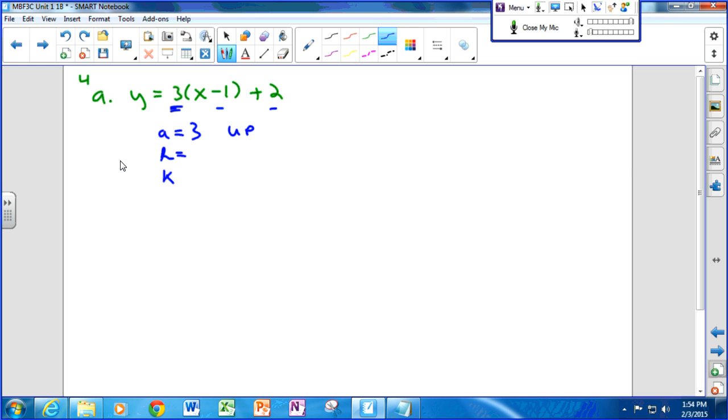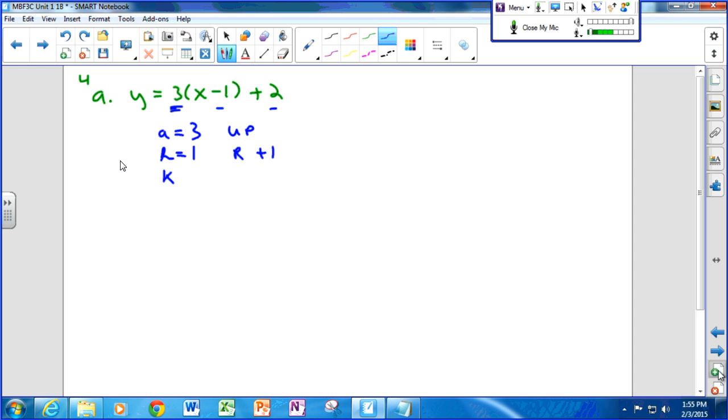Now our h, remember that if you see a negative sign there, it means our h is positive, and that means it's going to shift right, plus 1. I could write out the word right, but there are only 2 possibilities, right or left, so I can just put an r down, plus 1.